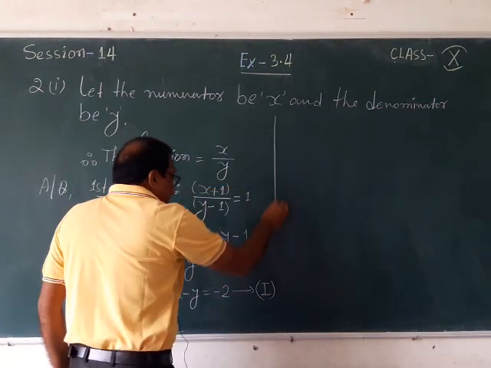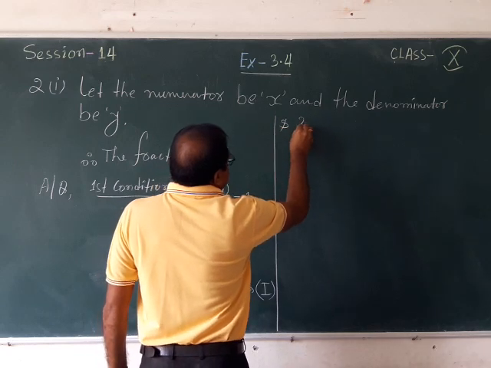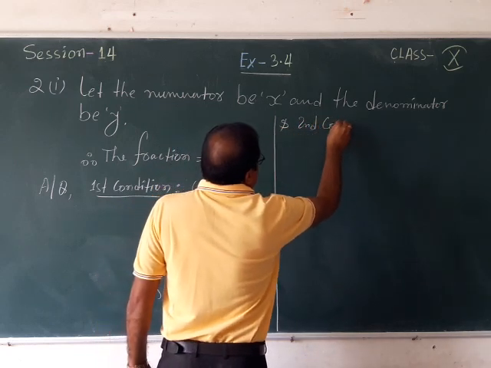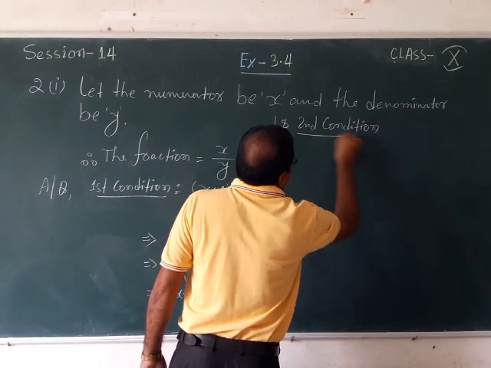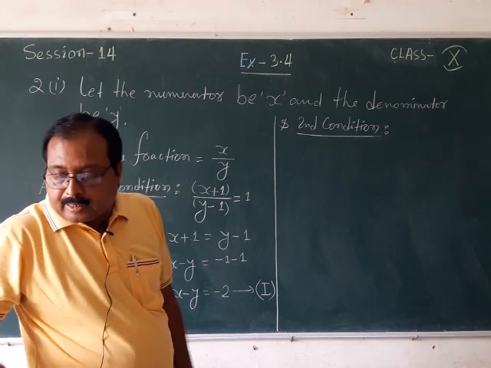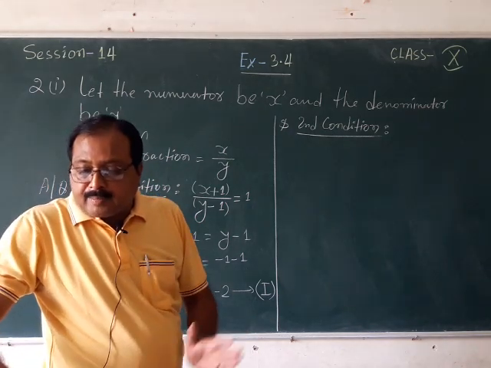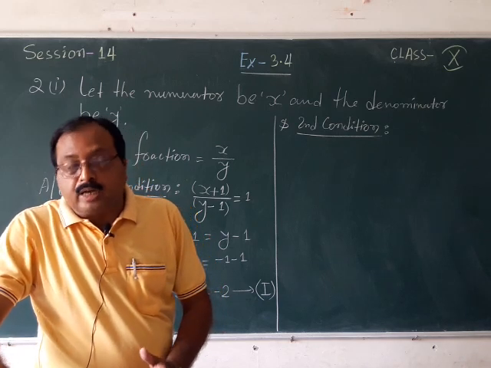And what is the second condition now? Just read the condition and frame the second equation. The second condition is it becomes 1 by 2 if we only add 1 to the denominator.